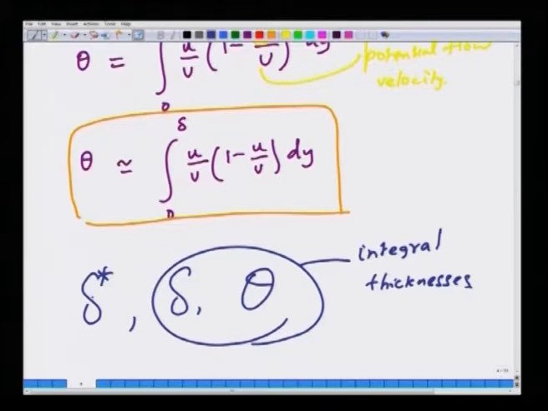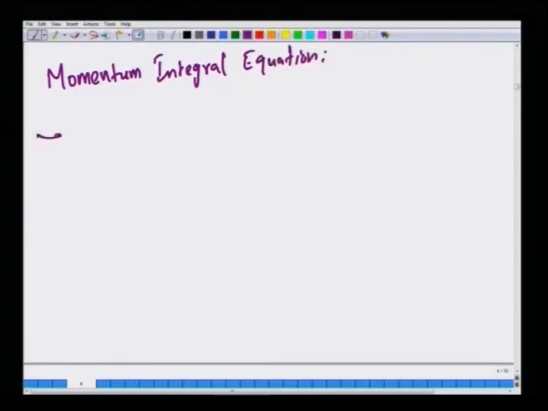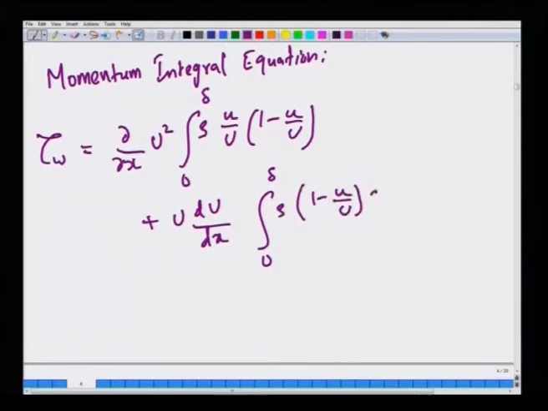Now, we are going to rewrite the momentum integral equation in terms of the newly defined boundary layer thicknesses. The momentum integral equation was simply tau w is d dx of u squared integral 0 to delta rho times u by U times 1 minus u by U, plus U dU dx times integral 0 to delta rho times 1 minus u by U dy.